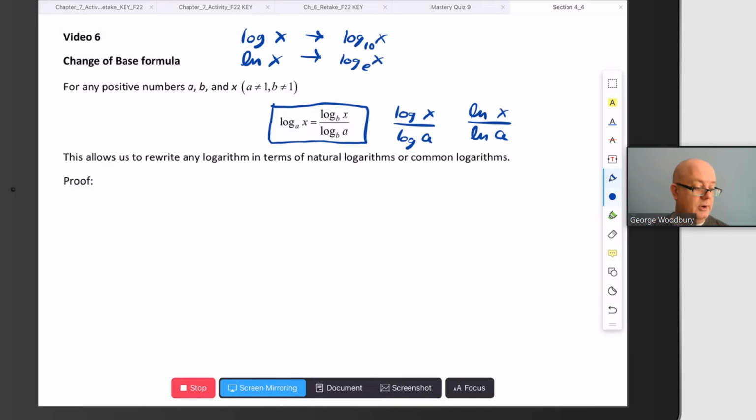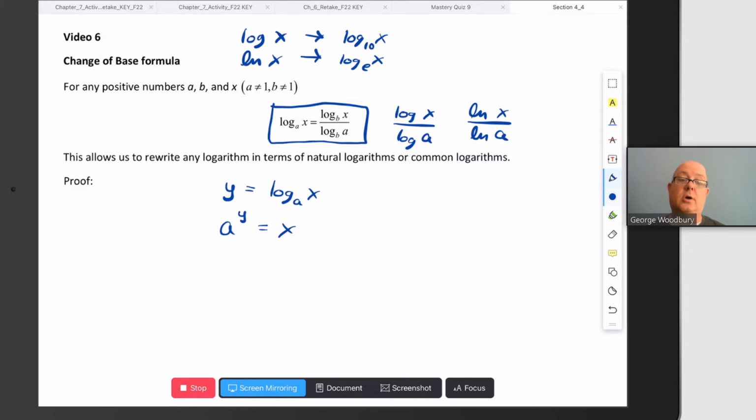And so the proof here will start with y equals log base a of x. I'm going to show that I can convert y to also be the expression on the right-hand side. Convert this to exponential form, a to the y power equals x.